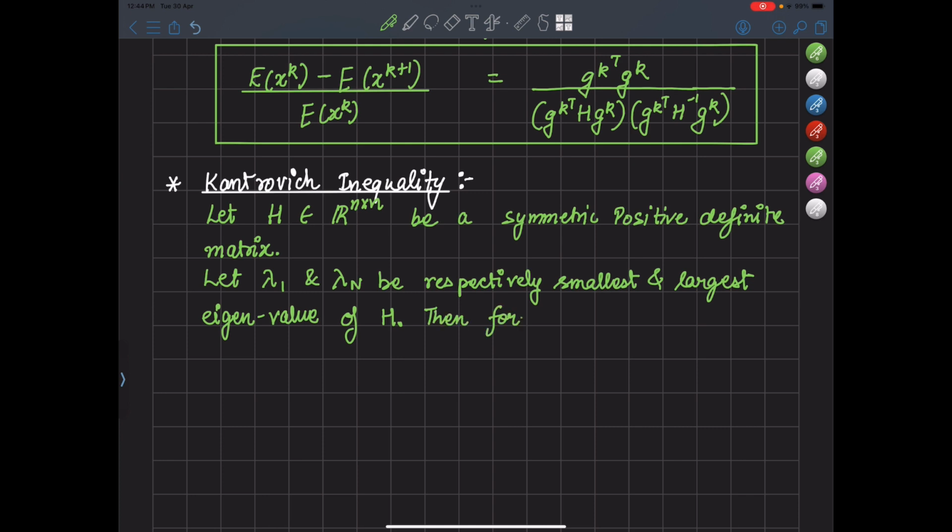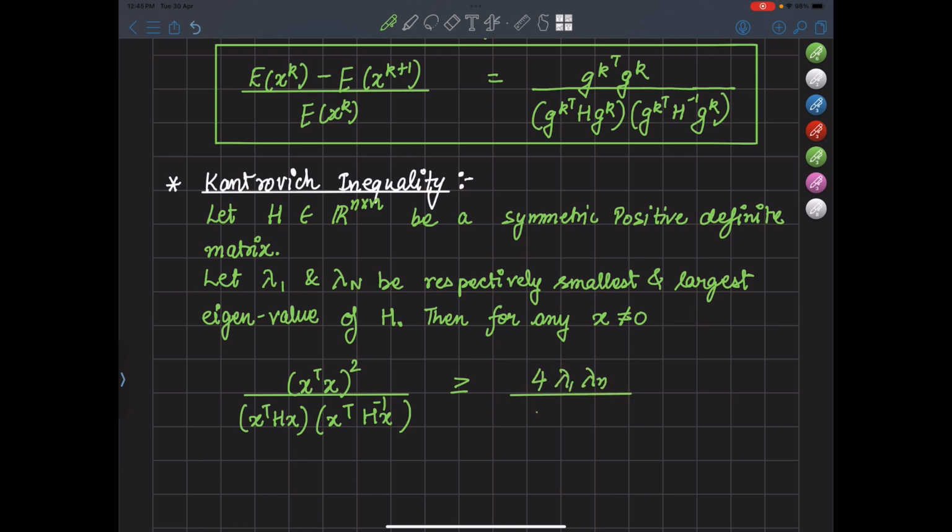Then for any x not equal to 0, (x transpose x) whole square upon (x transpose H x) and (x transpose H inverse x) is greater than or equal to 4 lambda 1 lambda n upon (lambda 1 plus lambda n) whole square.